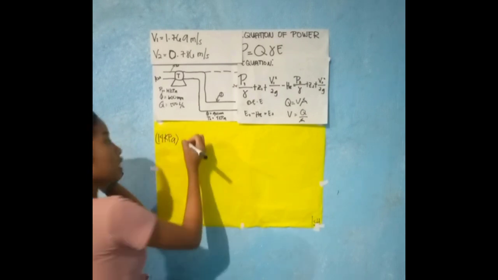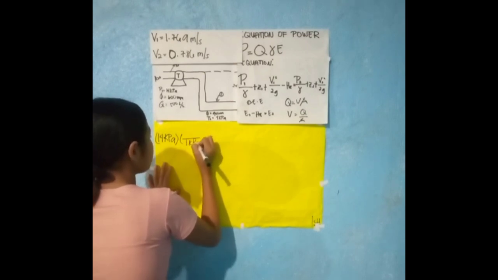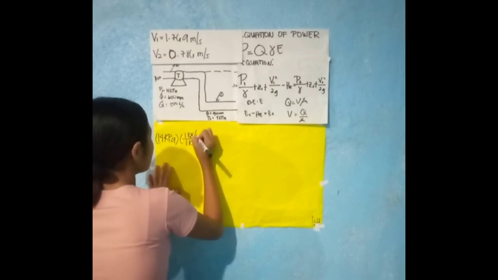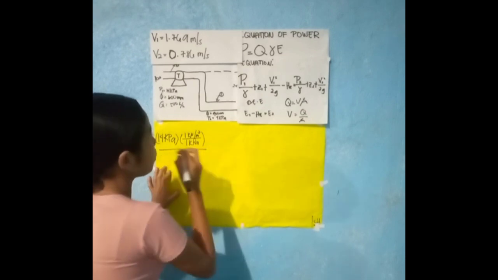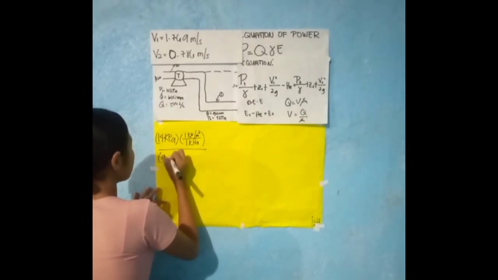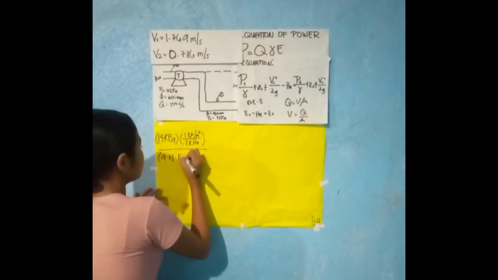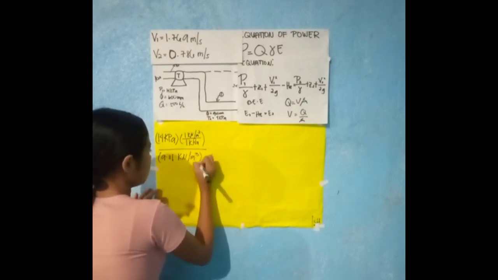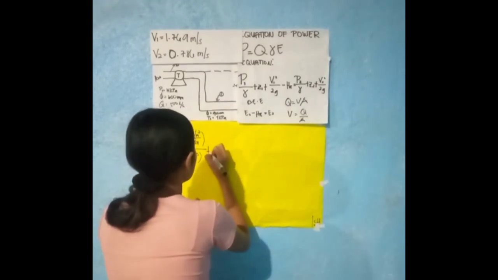We're going to convert it. So, 1 kilopascal is 1 kilonewton per meter squared over our unit weight, which is 9.81 kilonewton per cubic meter. And then we are going to add our elevation.